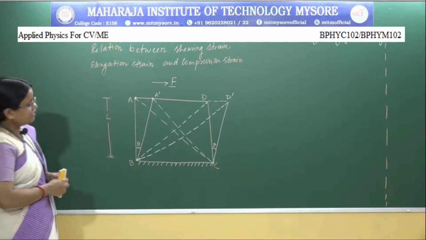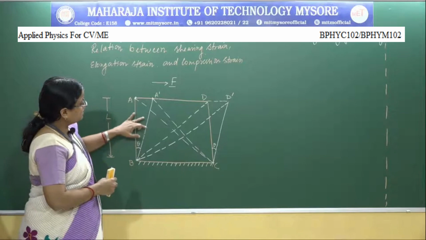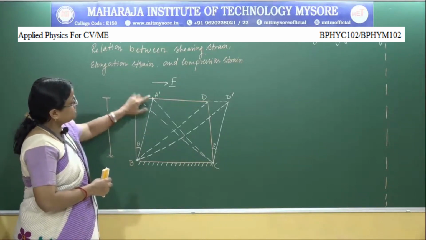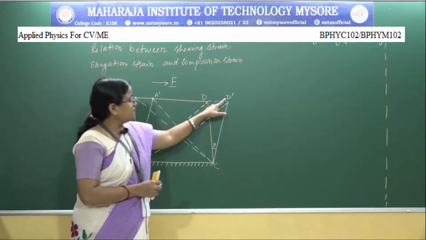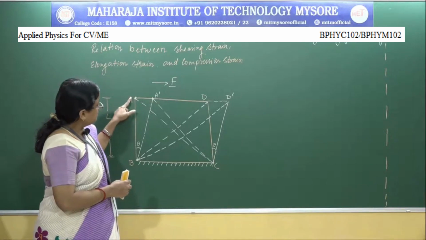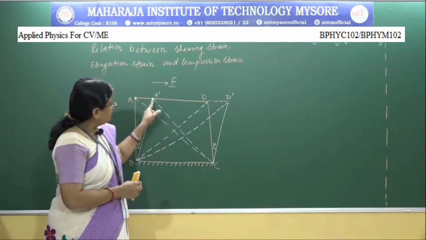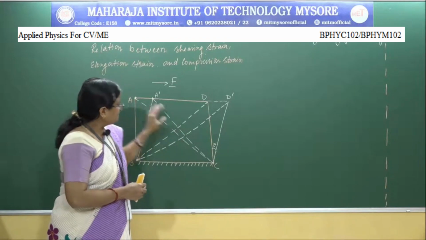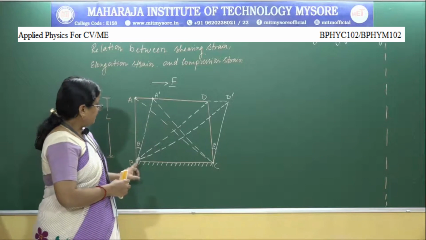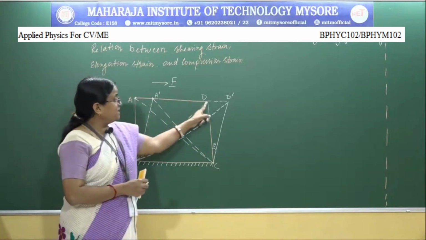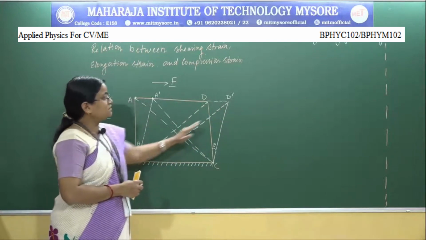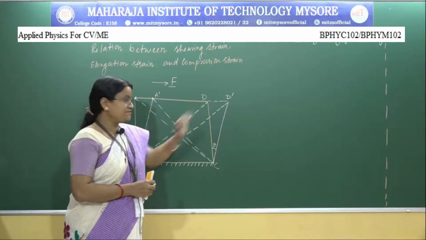Now from the figure, what we understand is that the new positions A dash and D dash, when we compare the diagonal AC to A dash C, we see that there is a compression in the diagonal, and when we compare BD to BD dash, we see that there is elongation in the diagonal.